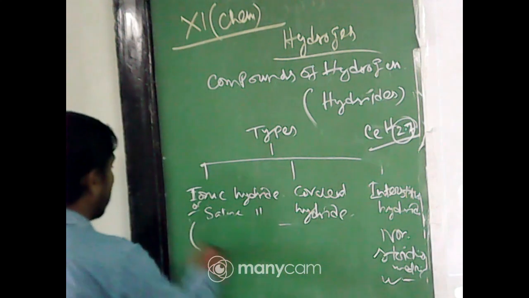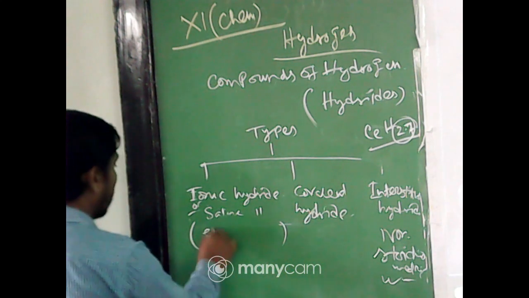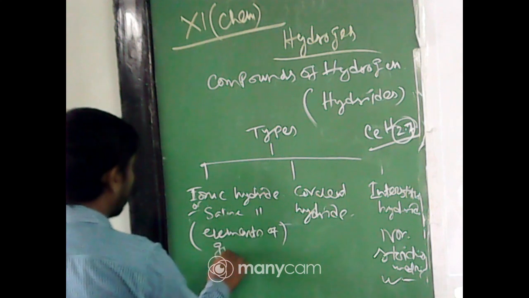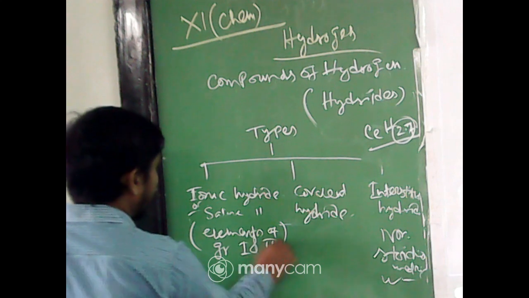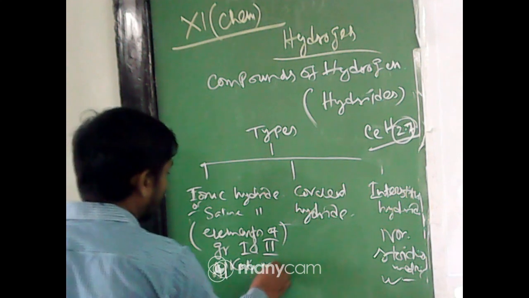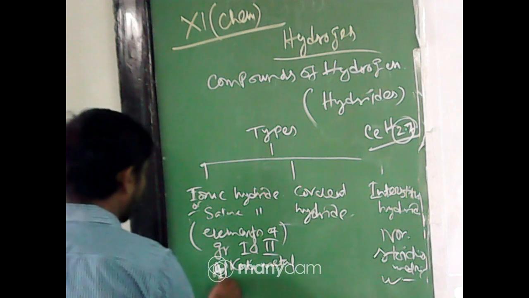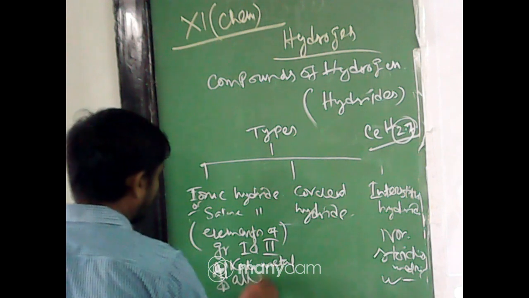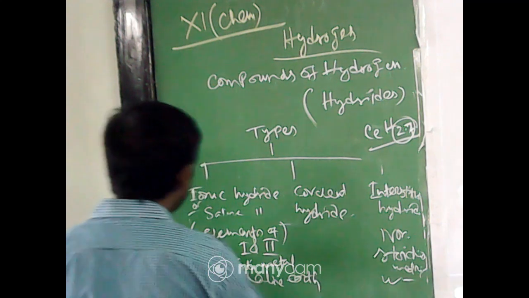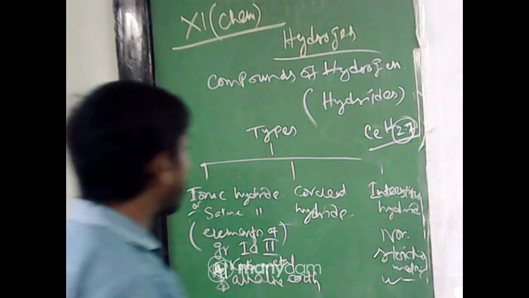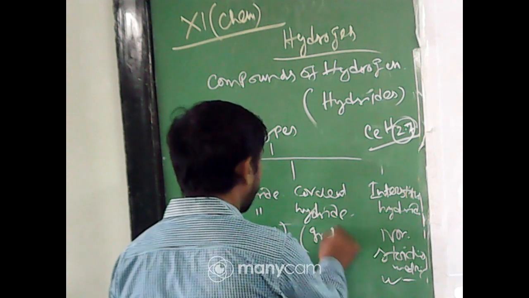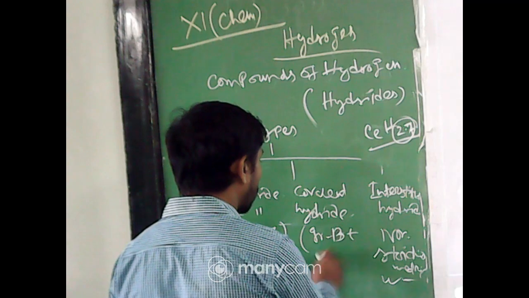Now, ionic hydrides are made by the elements of group 1 and 2, that is, alkali metals and alkaline earth metals. Covalent hydrides are formed from group 13 to 17.